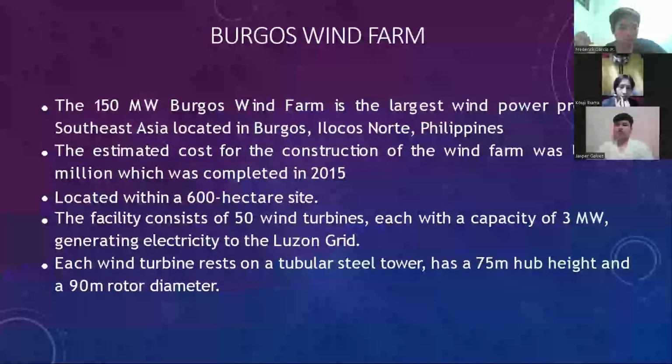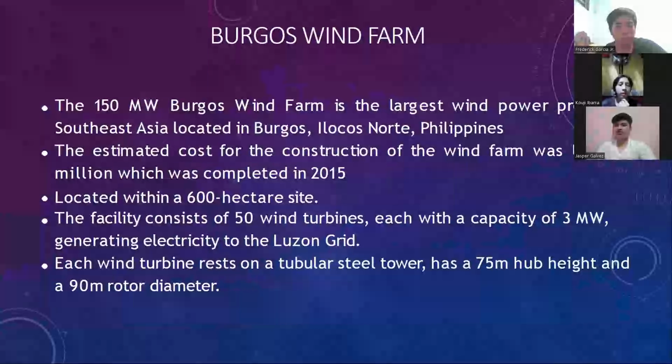Okay, so Burgos Wind Farm. The 150 megawatts Burgos Wind Farm is the largest wind power project in Southeast Asia, located in Burgos, Ilocos Norte, Philippines. The estimated cost for the construction of the wind farm was 450 million US dollars, and it was completed in 2015.